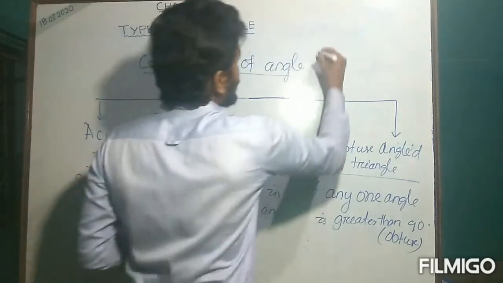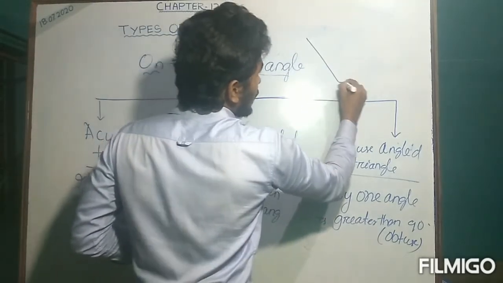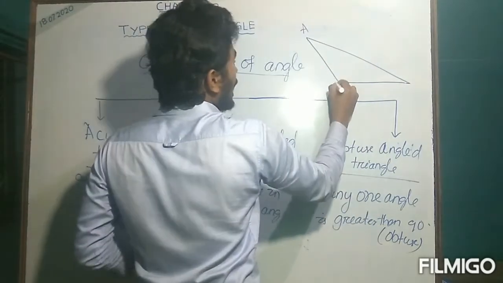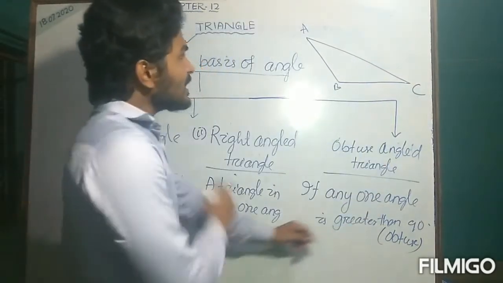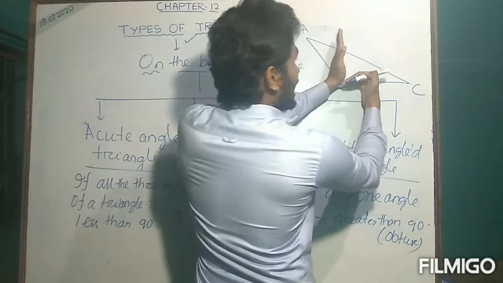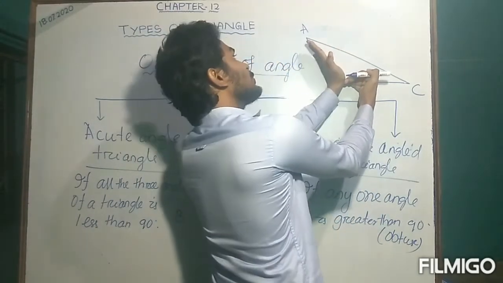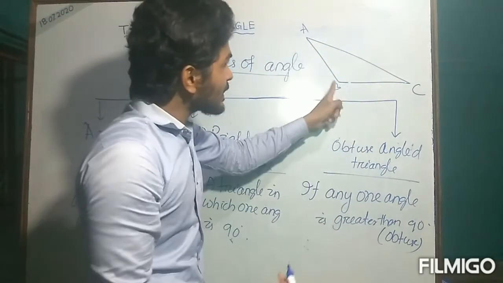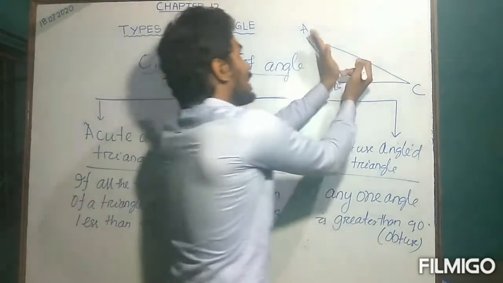Okay. For example, this is a triangle. Now you can see in this type of triangle the angle B. See, this is 90 degree, but here it goes towards left. That means it is greater than 90 degree. Yes or no? Yes. And this B angle is greater than 90 degree.